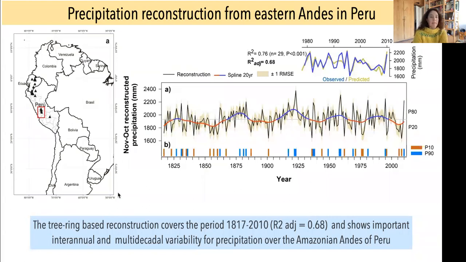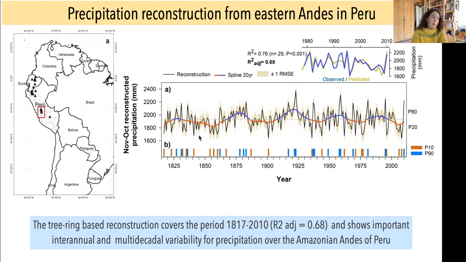So with these tree ring chronologies, we developed the first precipitation reconstruction from the Andes in Peru. This precipitation reconstruction is an annual precipitation record from November to October and covers the last 194 years, going back from 1870 to 2010.